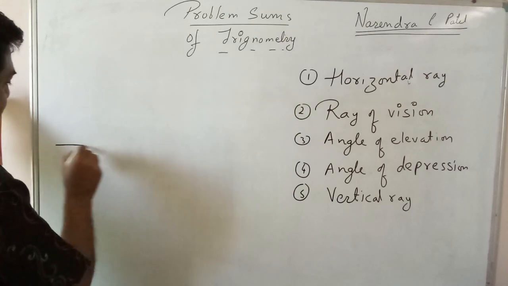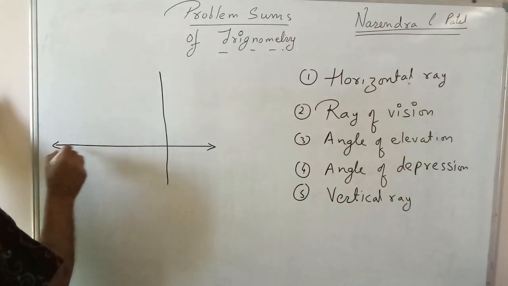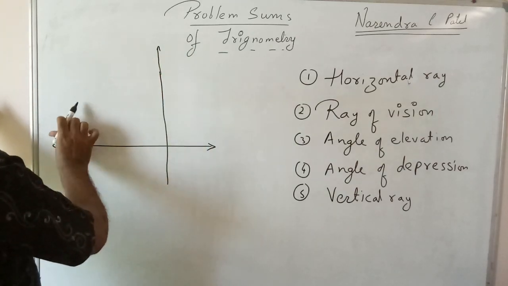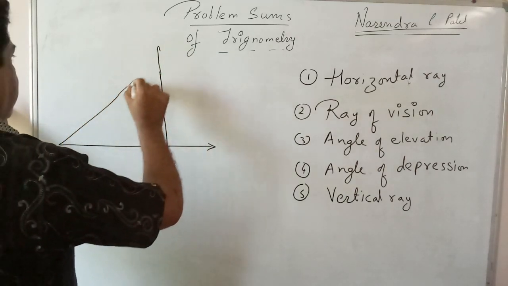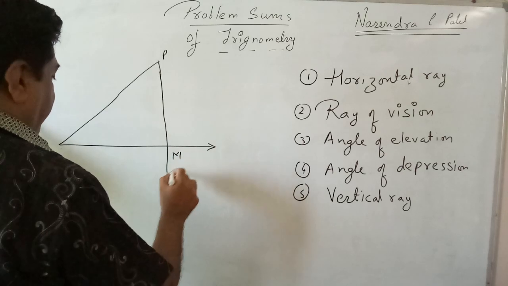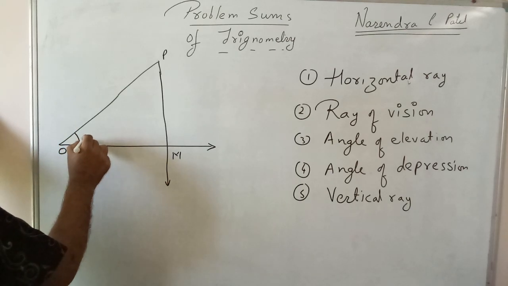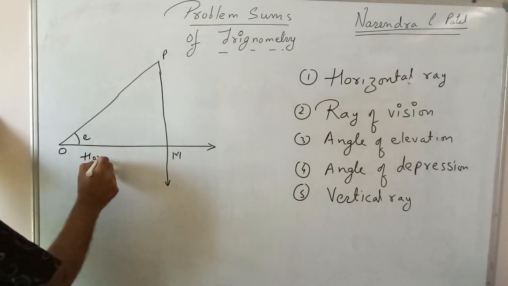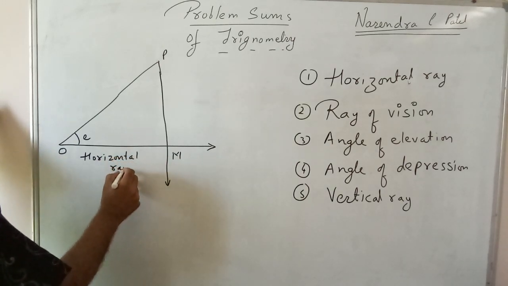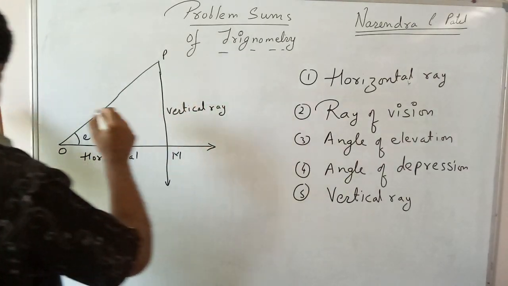For that, let me draw a figure. Here a figure is there like this. From here, you are watching here. Let me take it P, M, and here O. This is the angle of elevation. This is the horizontal ray. This is the vertical ray.